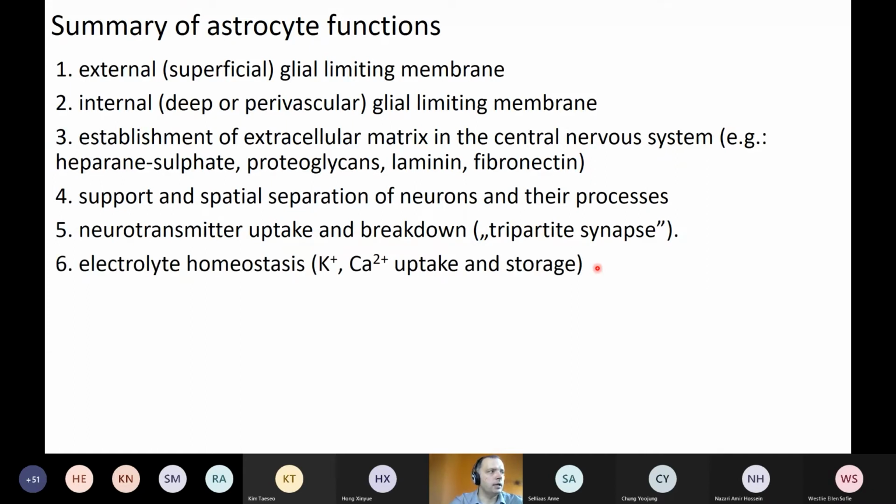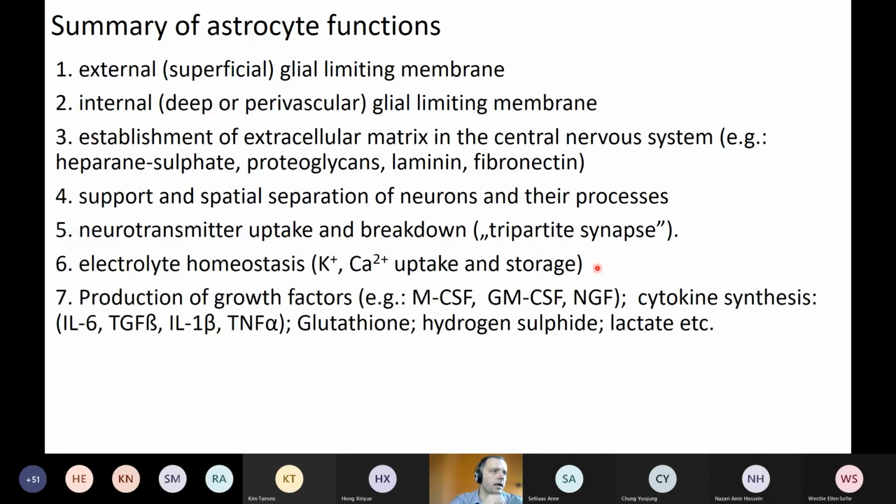I also mentioned that the electrolytes, potassium and calcium ions, may be stored in the glial cells, and during the embryonic development and during nerve injury also glial cells may influence the development, the growth, the regeneration by producing growth factors.